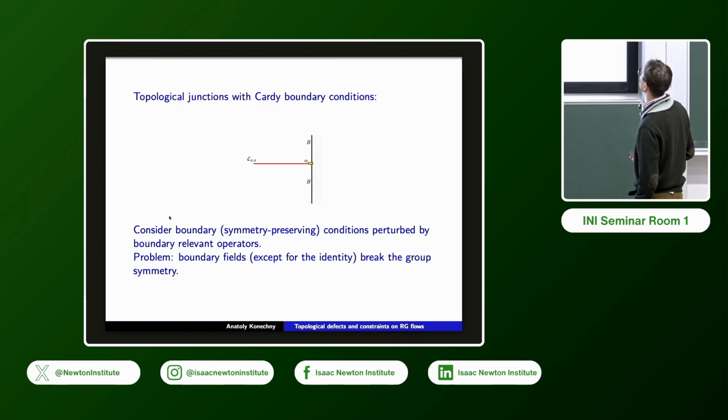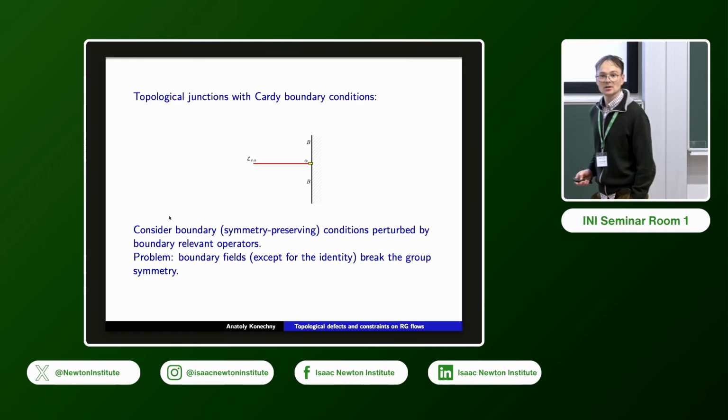So if I have here n boundary conditions, then the junction with a group defect is in general a matrix which operates there.